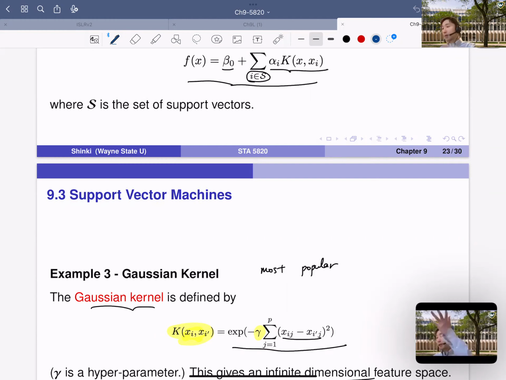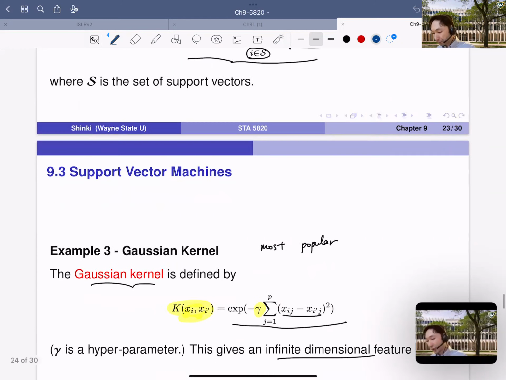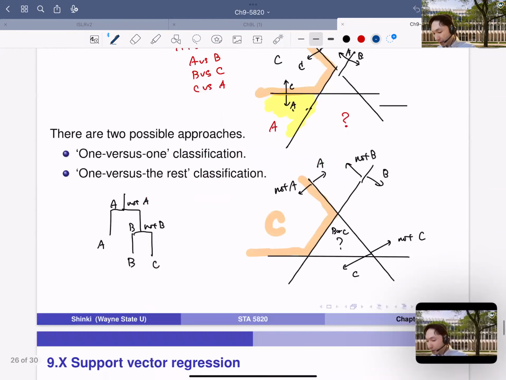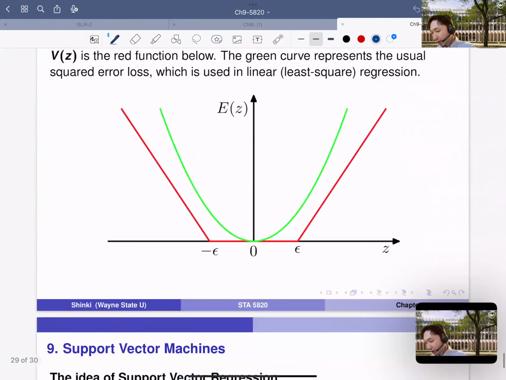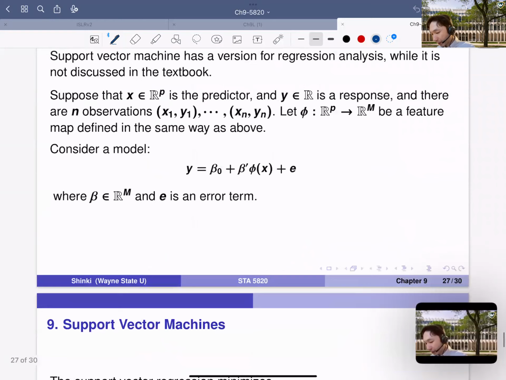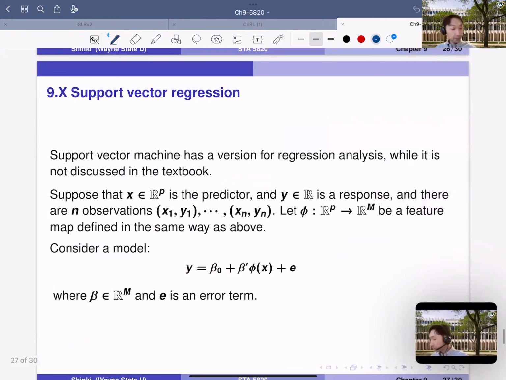And not only do we divide them perfectly, we make the margin largest so that the test error gets smaller. That was the idea of support vector machines. We have a slightly more complicated rule if we allow some errors, but basically that's the idea.